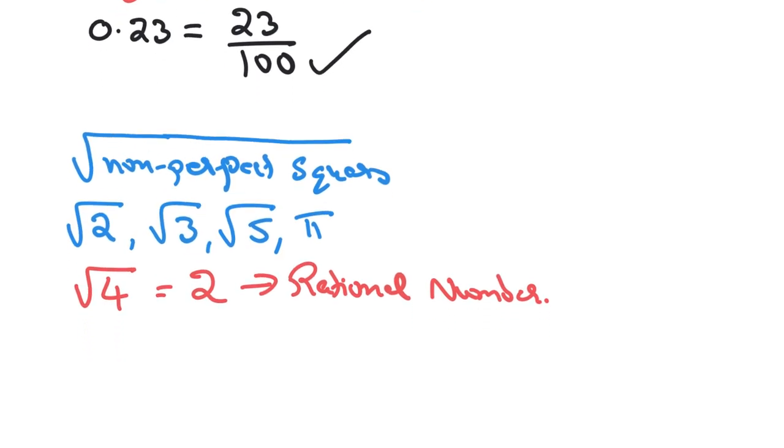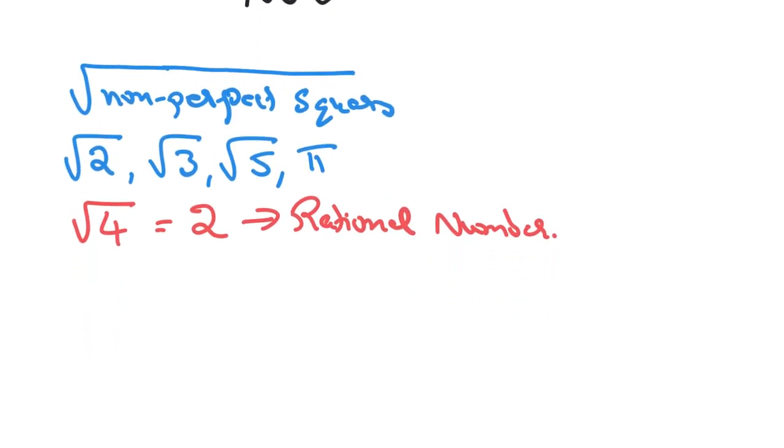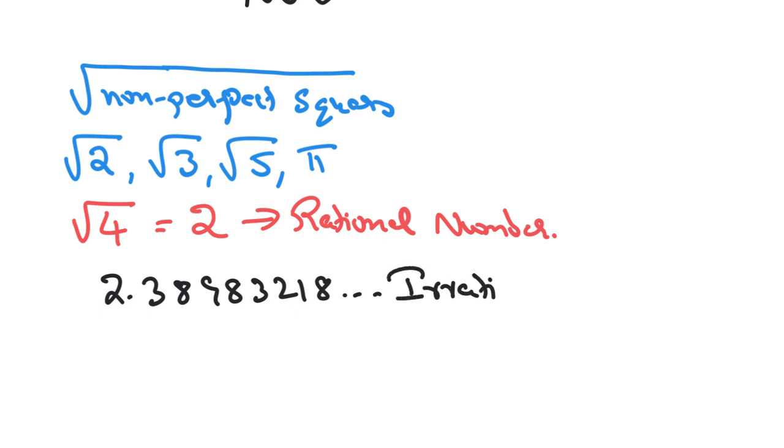And as a decimal, any number that has a decimal that is not terminating and not repeating. For example, let's take a number like 3.218 and it goes on. There are no digits that are repeating themselves. So this is an irrational number.